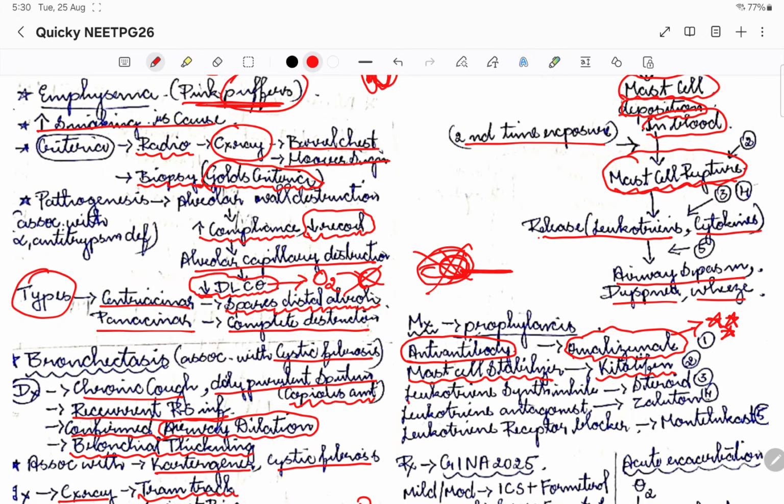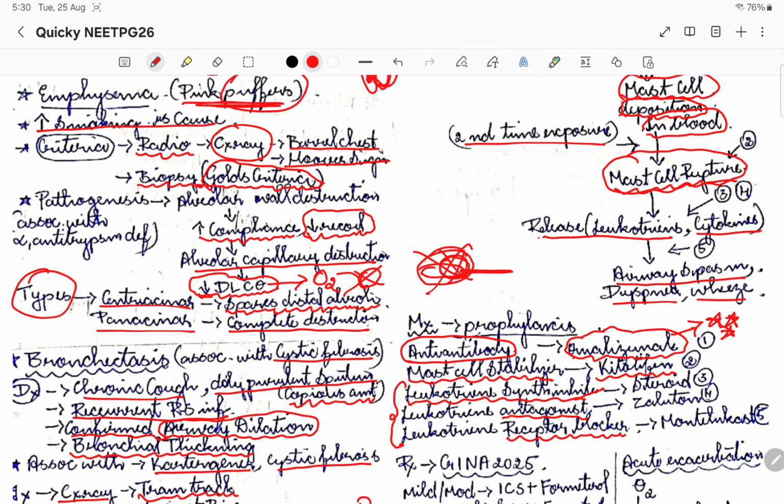Then coming to leukotriene synthesis inhibitors. Here we are targeting leukotrienes, because once the mast cell has ruptured, leukotrienes are what get released. We can target them by reducing synthesis, by antagonizing leukotrienes, or by blocking their receptors in the lungs.